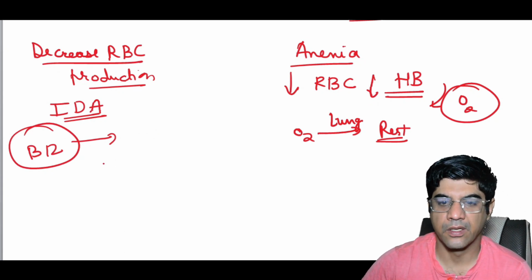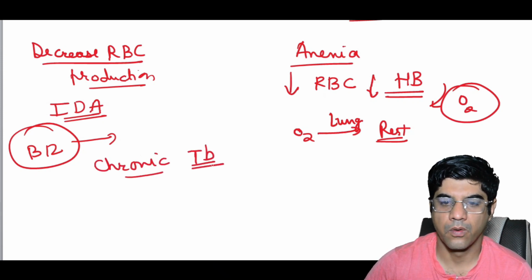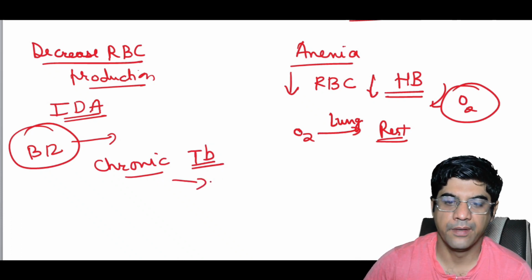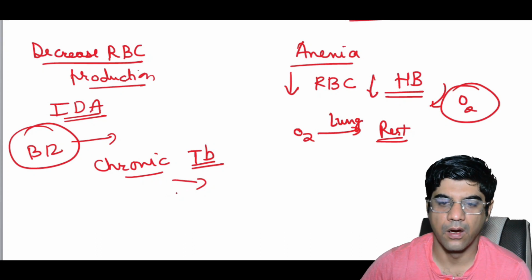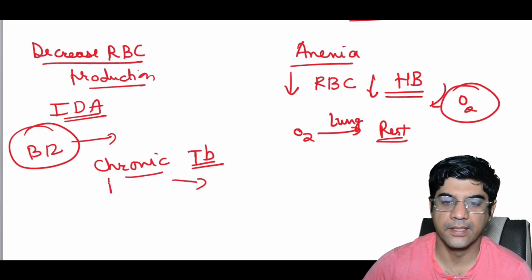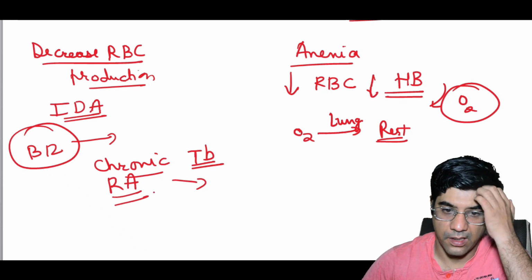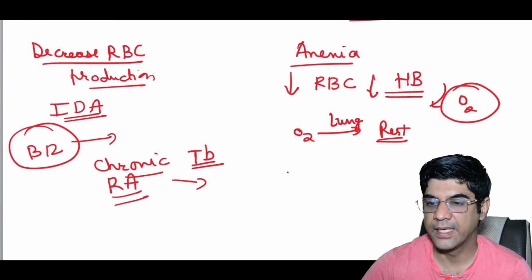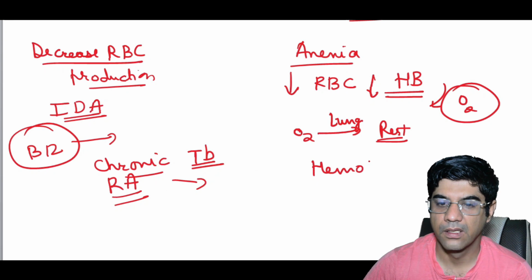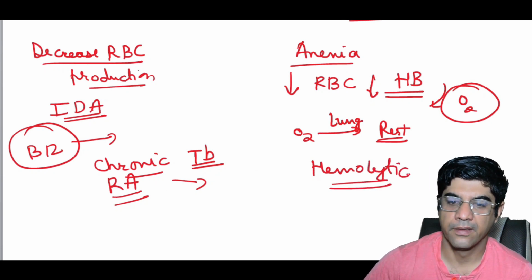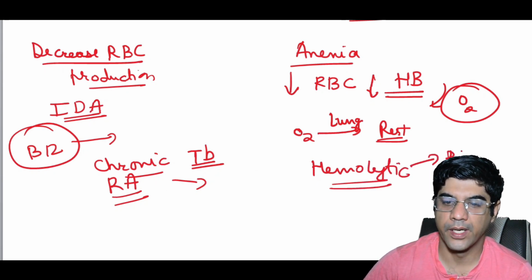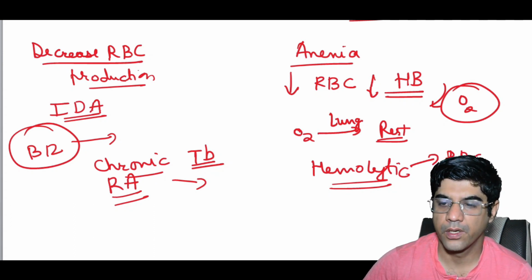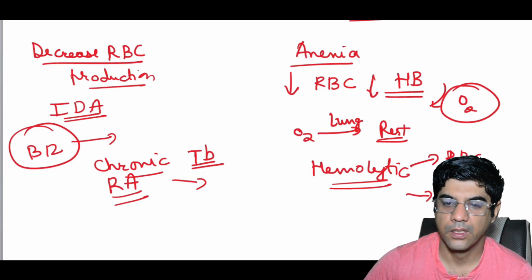Anemia that is associated with chronic infections like TB, chronic inflammatory diseases, anemia of inflammatory connective tissue disorders like in rheumatoid arthritis. Other is hemolytic anemia, where the RBCs are destroyed outside the bone marrow due to factors like infection, toxin, or autoimmune reaction.